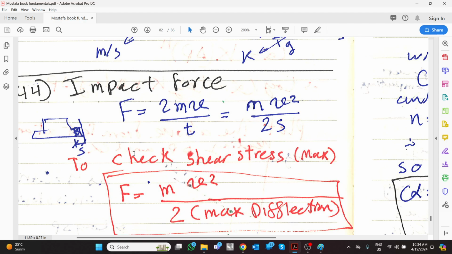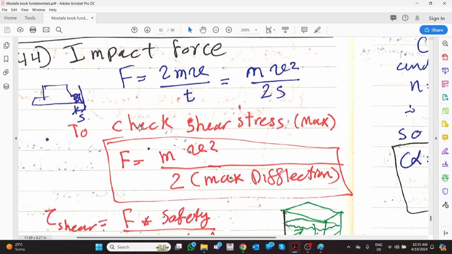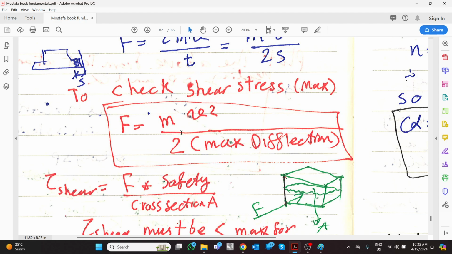For example, if you have a window and that glass has an acceptable deflection of 1 millimeter, so if you put 1 millimeter here and you know that somebody hits it with 1 meter per second and his weight is like this, you will get the force, which is the allowable force to hit that window. Of course, the allowable force may be from wind, so it is the pressure multiplied by the area that gives the force.